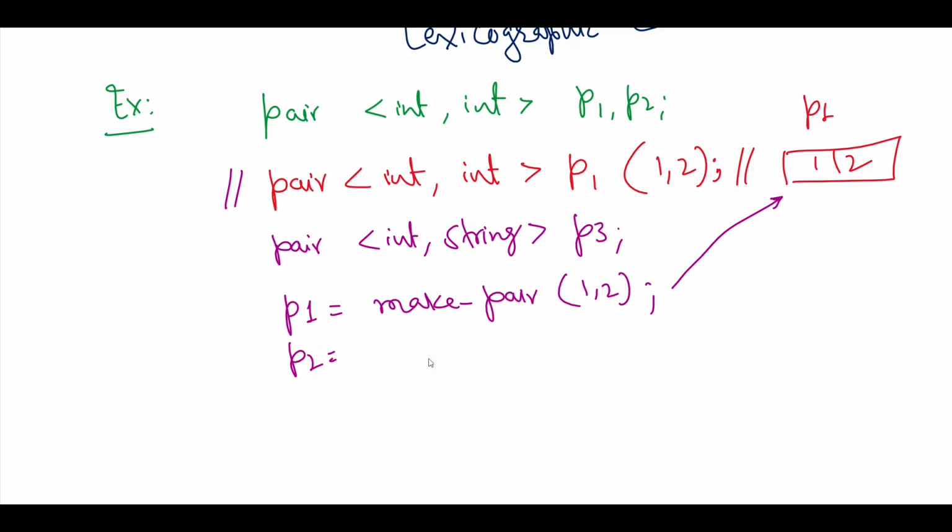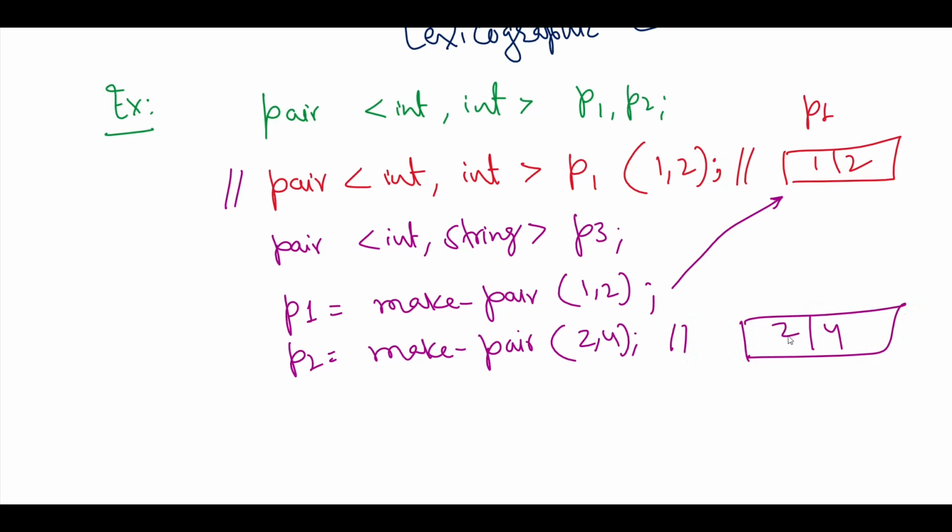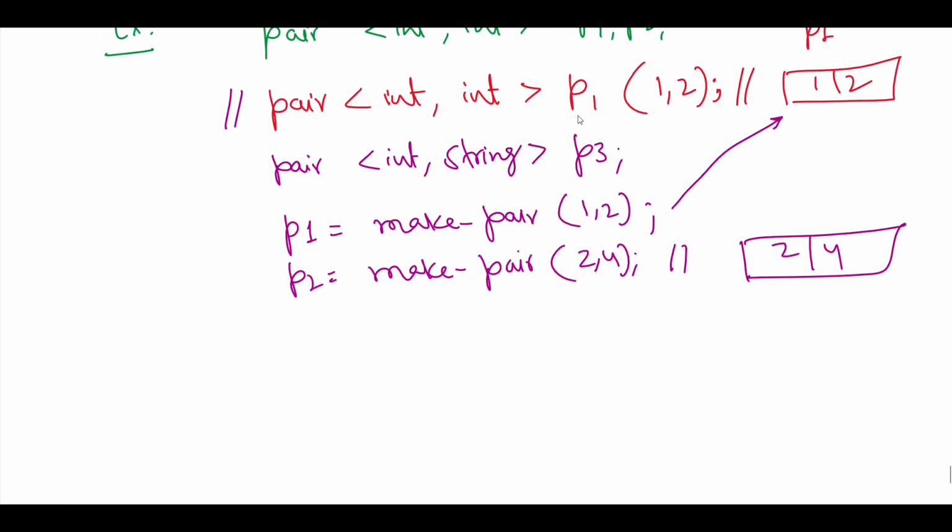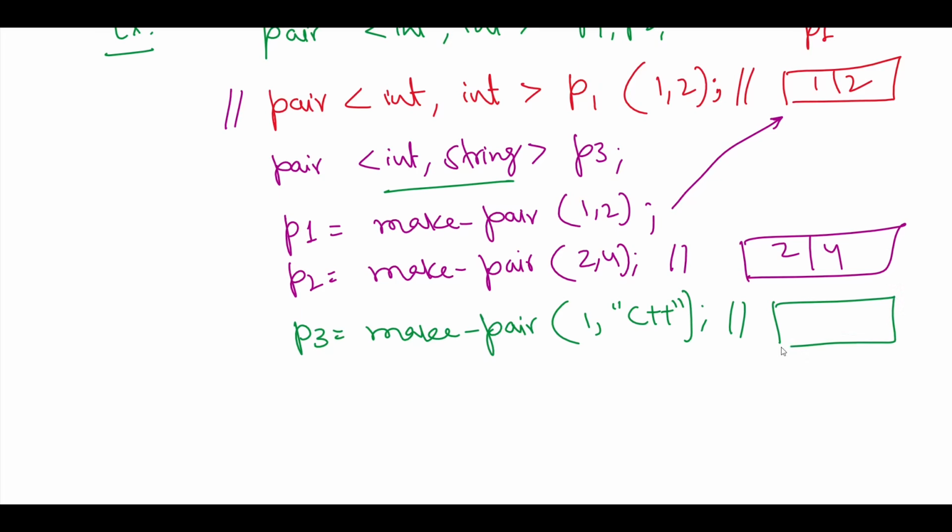You can create p2 using make_pair, and the values that you pass here will create something like this, 2 and 4. And as we have integers here and a string in this case, when you call make_pair, you need to pass values of different types. One is an integer and another is a string, and it is going to create something like this, right?